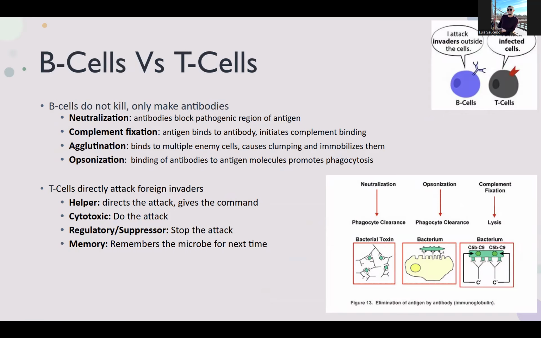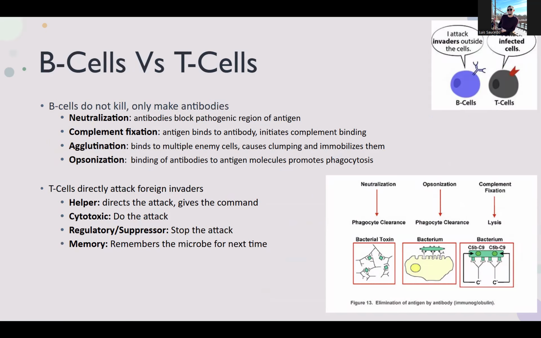Okay, so our third line of defense is what we call the specific or adaptive immunity. Depending on the type of infection that you have, your third line of defense will call either on B cells or T cells to attack that infection.